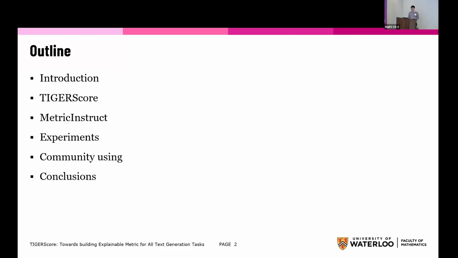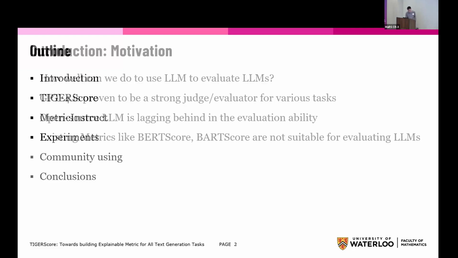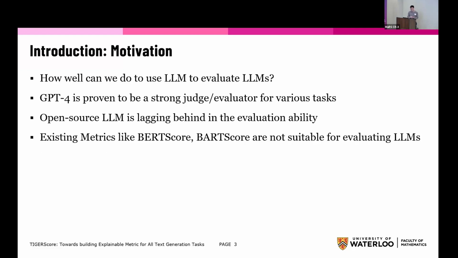In the third part, I will introduce MetricInstruct, a dataset we have curated carefully to turn Llama models into TIGERScore. After that, I'll talk about the experiments and community usage, how to use TIGERScore from Hugging Face, etc., and some conclusions and takeaways.